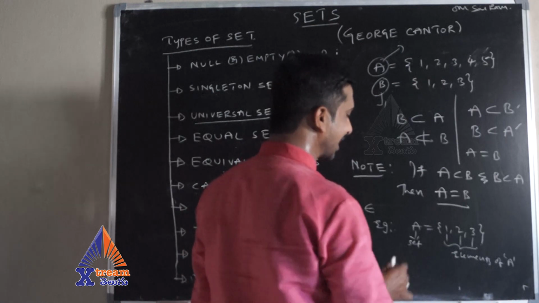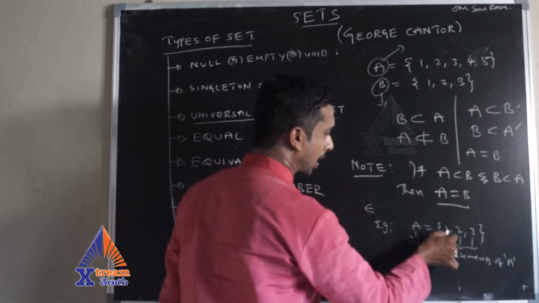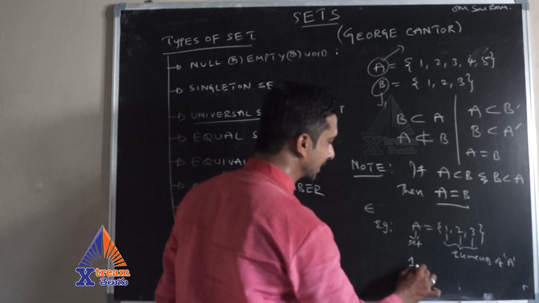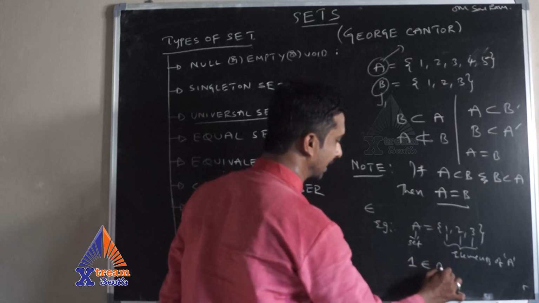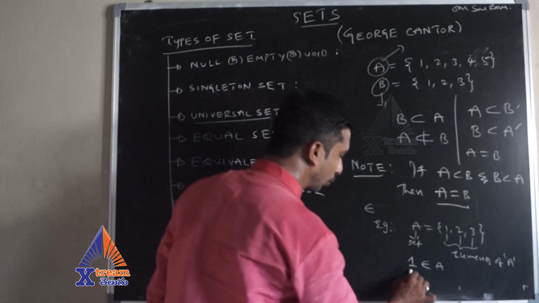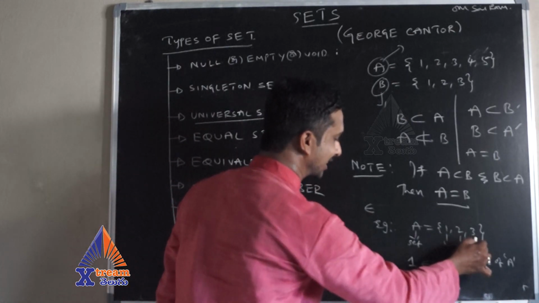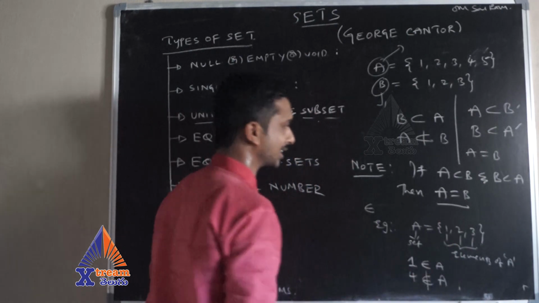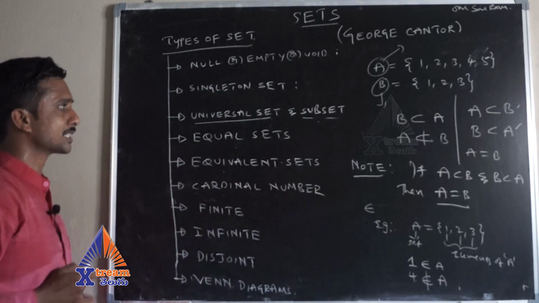So if I ask about 1, how is the relation between element and set? 1 belongs to the set A. 1 is included in the set A. If I say 4, 4 is not there in the set A. So I have to represent it as 4 does not belong to A. Is it clear?